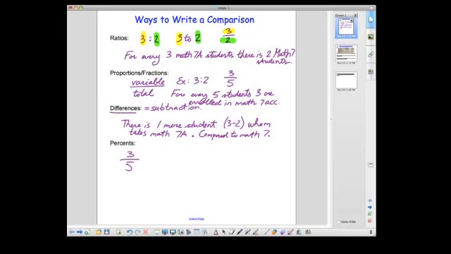So 3 out of every 5 students takes Math 7 Accelerated. Now we want to know the percentage. Percentage means out of every 100. Now this is the case where we're going to talk about least common denominators for just a second. I want to get from my 5 to a 100. So I need to find the factor that I can multiply 5 by to equal 100.